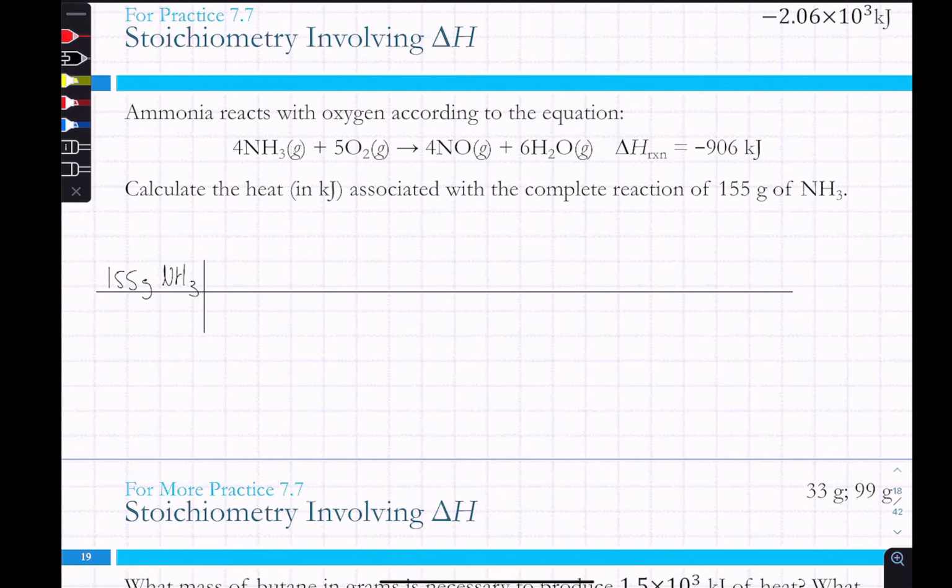And what do we do next? Convert to moles of NH3. 14.01 plus 1.01 times 3. So molar mass, 17.04 grams of NH3, that's 1 mole NH3.